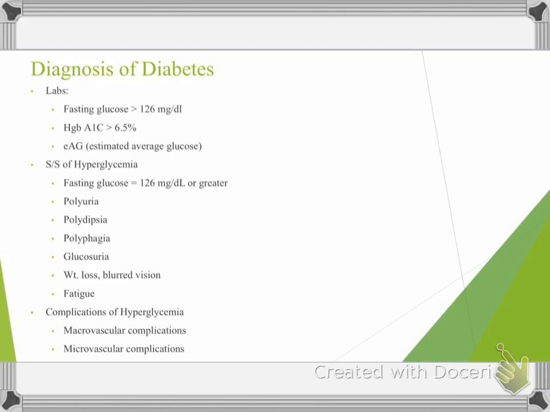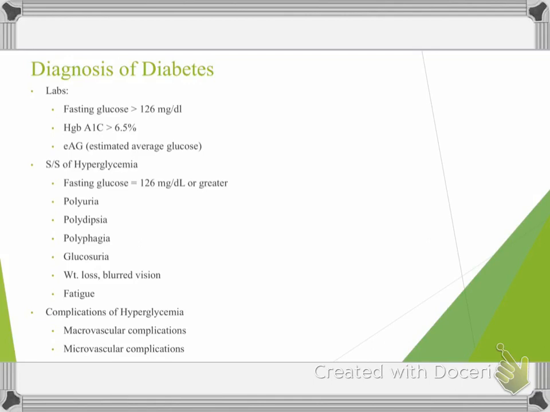You also have an estimated average glucose. This basically takes the A1C and converts it into a glucose level. So, for instance, an A1C of 7% corresponds to an EAG, or an estimated average glucose, of 154 milligrams per deciliter.